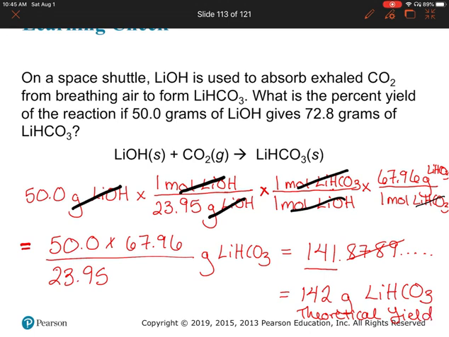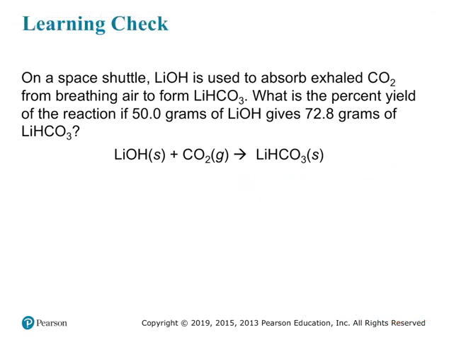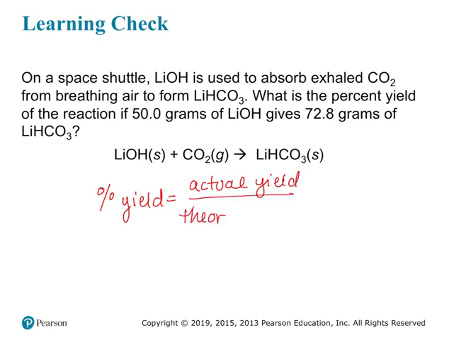So now we have everything we need in order to calculate the percent yield. So let's do that. Okay, so again, the percent yield is equal to the actual yield over the theoretical yield times 100. All right, so previously we saw that our actual yield was 72.8 grams.